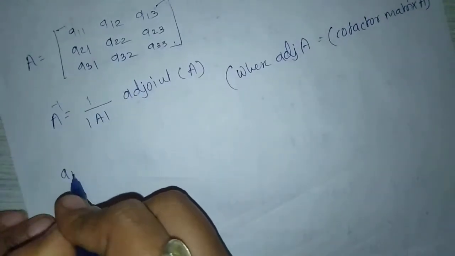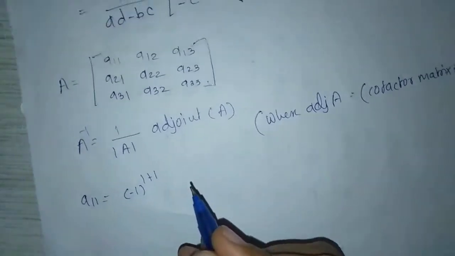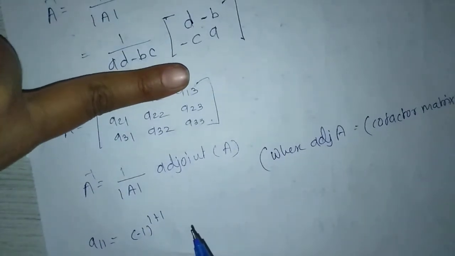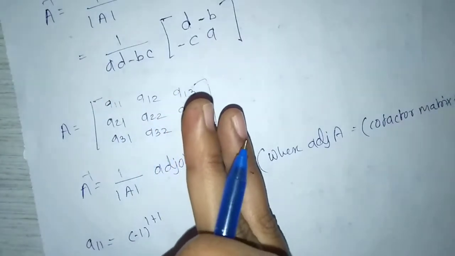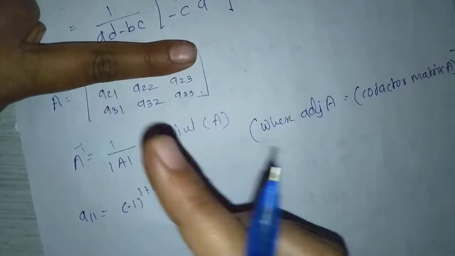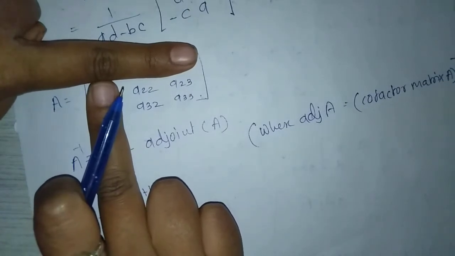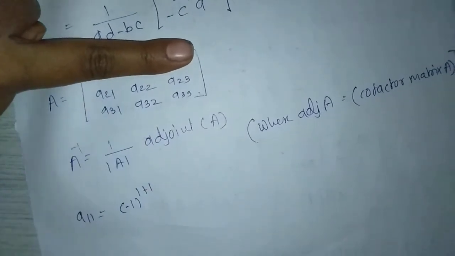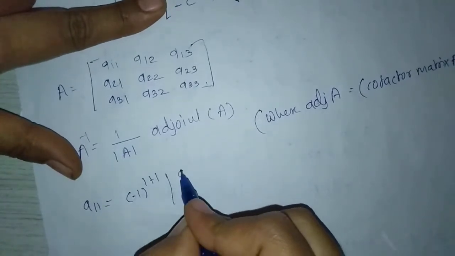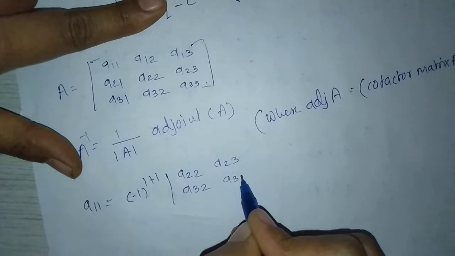First find the cofactor of each element. First A11: the cofactor of A11 means (-1) raised to 1 plus 1. Now eliminate the first row and first column because A11 lies in the first row and first column. The remaining entries will be A22, A23, A32, A33. Take the determinant of these remaining entries, we get A22, A23, A32, A33.